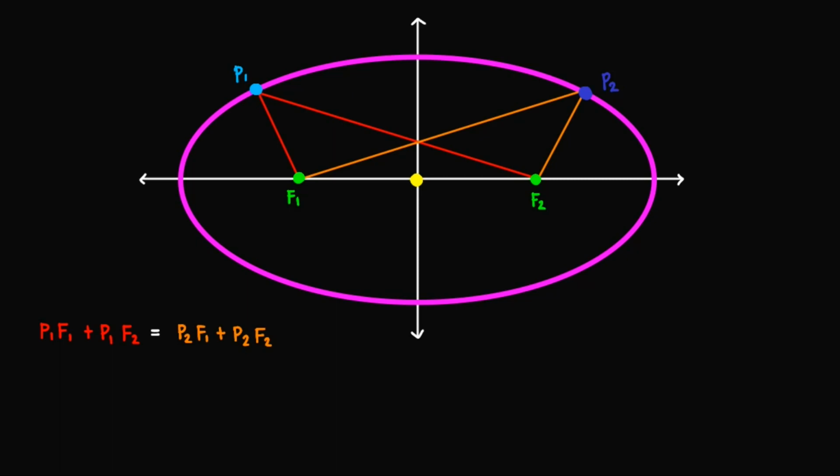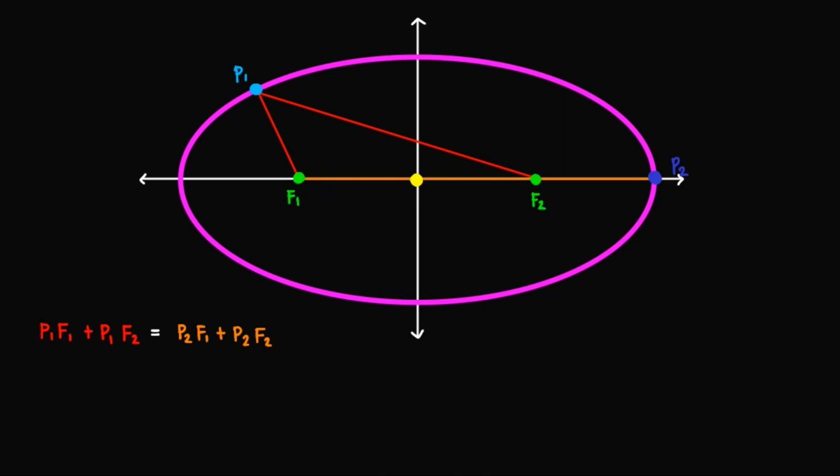To be more exact, if we choose the second point to be out here, we'll have this, and we obtain its distances, P2F1 and P2F2, like that. There.